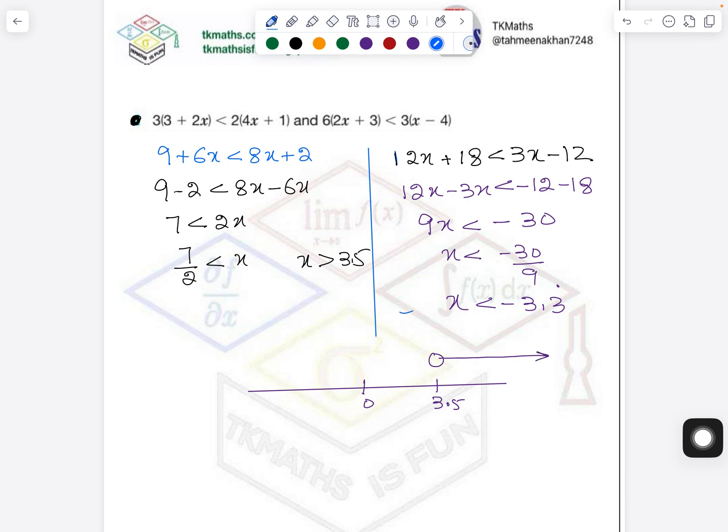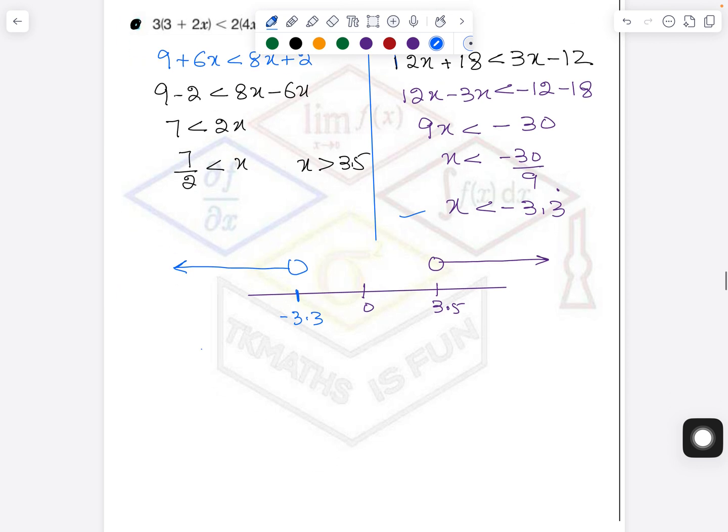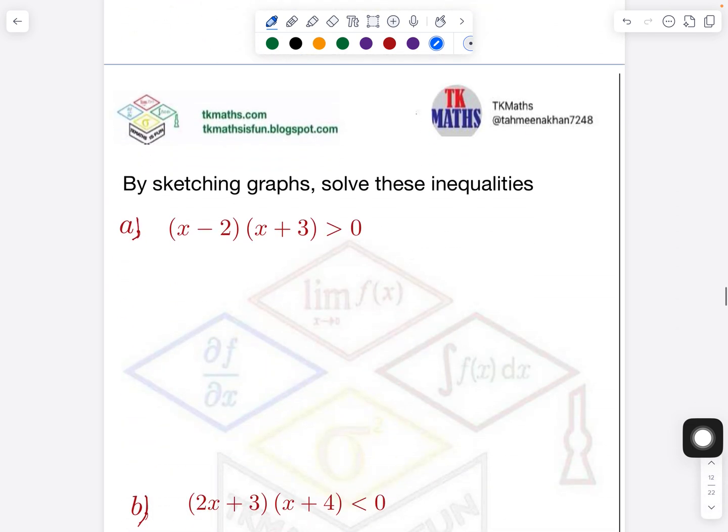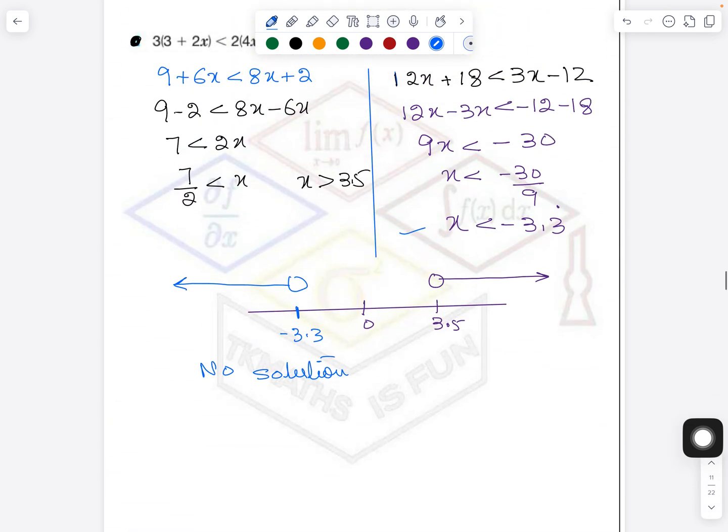But according to the second inequality, x is less than minus 3.3. It means this side. So can you see any common solution between them? No, nothing is common. So answer of this will be no solution. Okay. So now let's see. So linear inequality is finished.